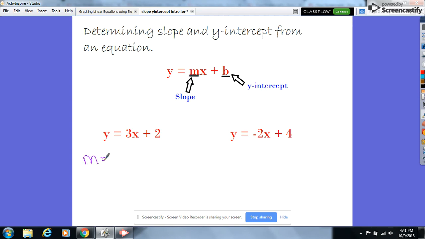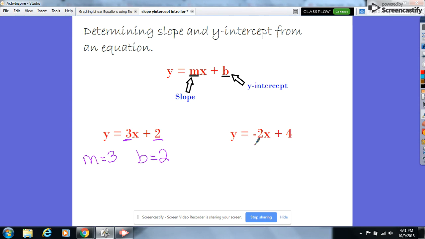So in this equation, that means m is going to be my 3 because it's attached to the x like it is up here in my original equation. B over here is the y-intercept. So down here, that other number of 2, that means that 2 is my b or my y-intercept.